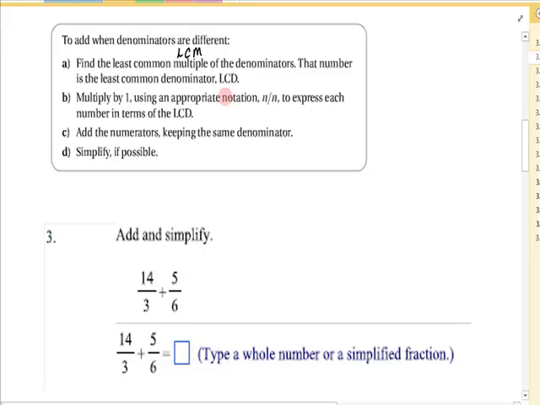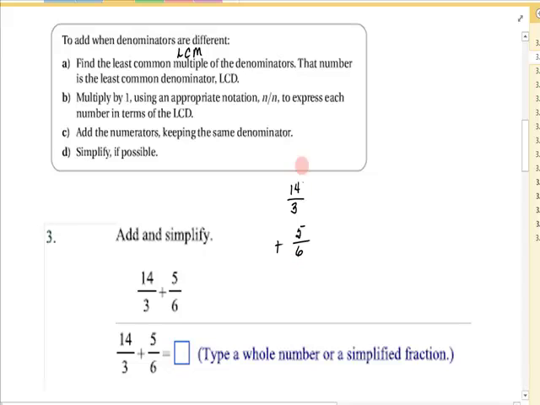Multiply by 1 using the appropriate notation. I will show this a certain way, perhaps a little different than the book does. Add the numerators, keeping the same denominator, and simplify if possible. I'm going to write my problem vertically. This is 14/3 plus 5/6.